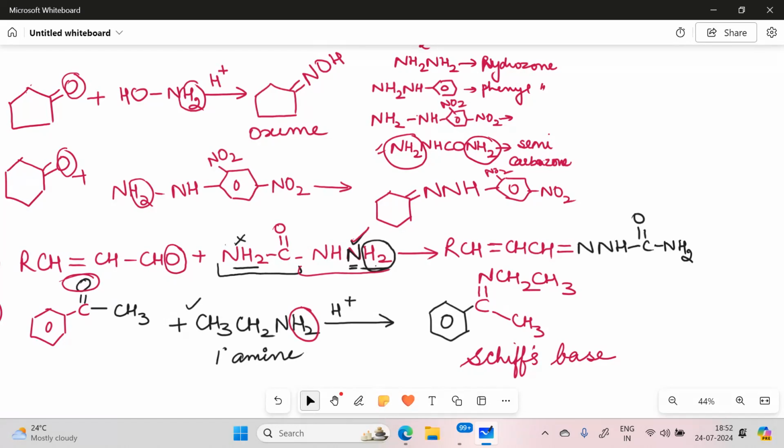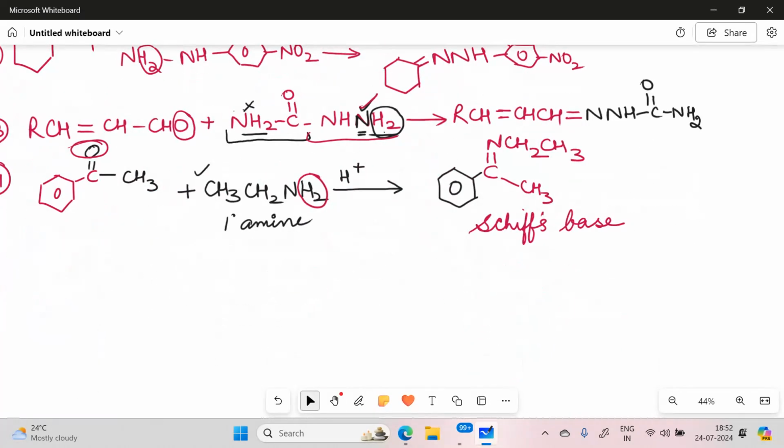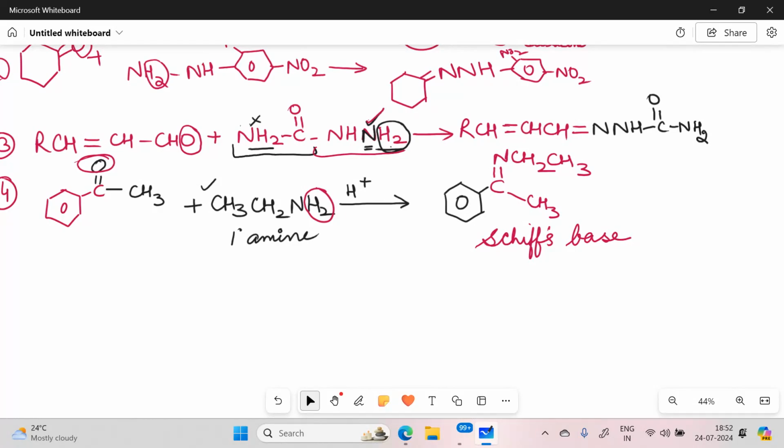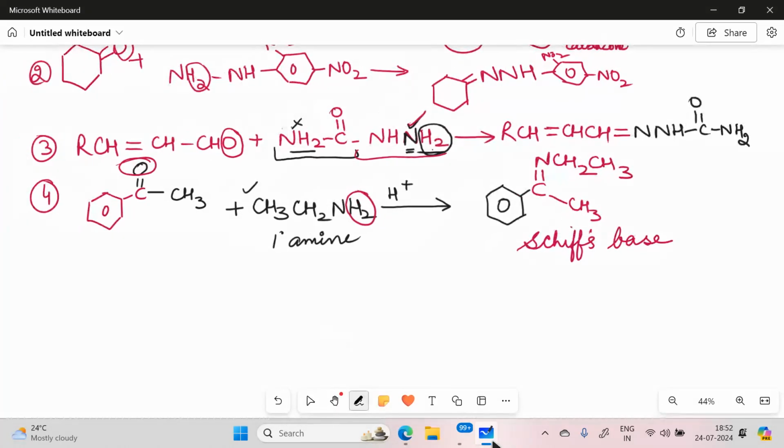The side from where you remove H2, start writing from that side itself. And in all these compounds, the bond is always formed with the nitrogen, a carbon and nitrogen bond. These are all the reactions.